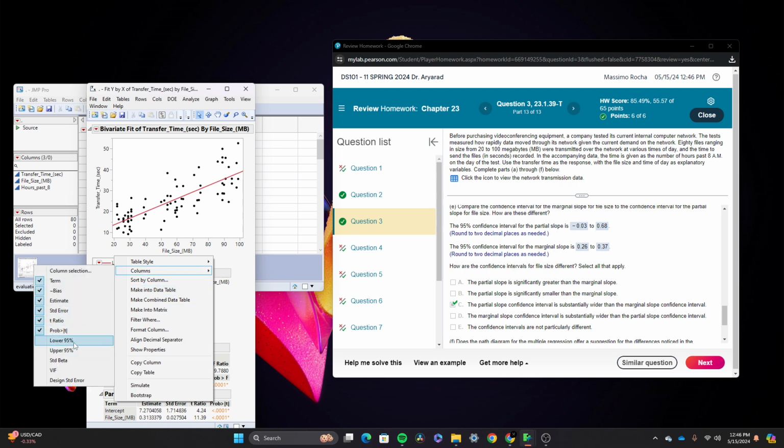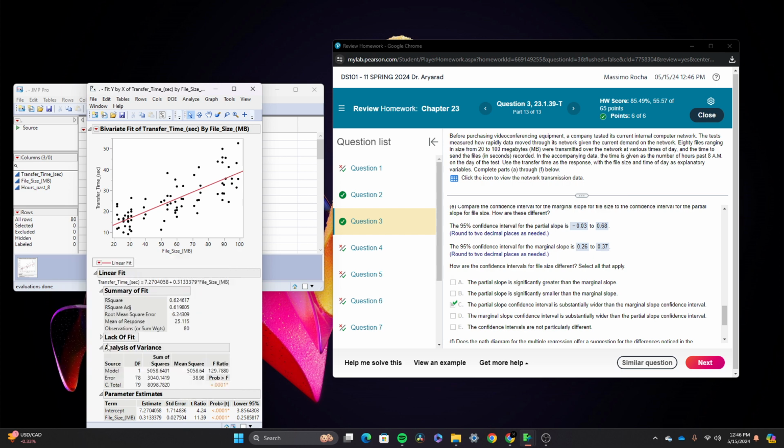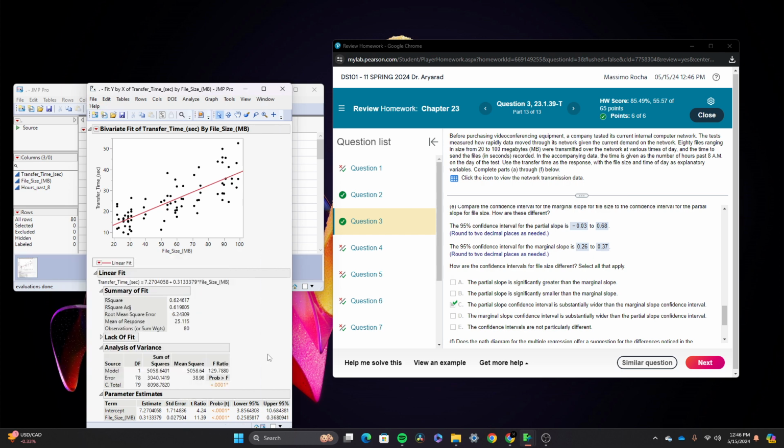Columns, lower. Columns, upper. This is how you're going to get the other one right here. Look at file size. This is the marginal slope. The numbers, around it, you're going to get 0.26. Around this one, 0.37.